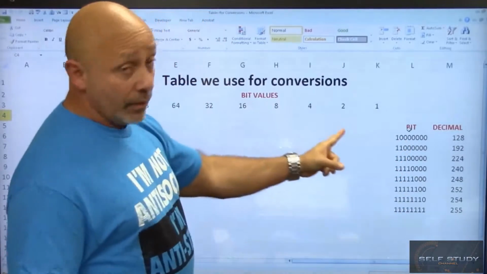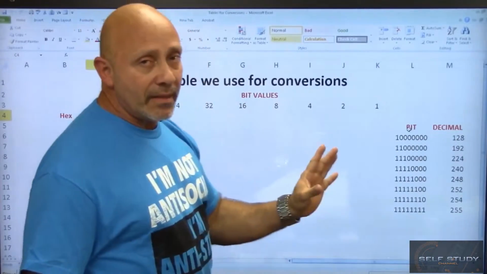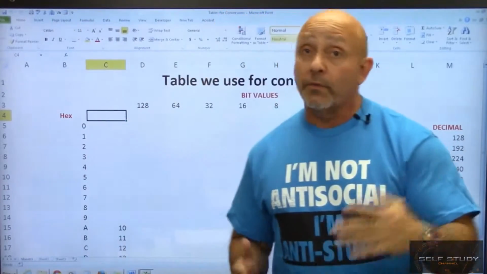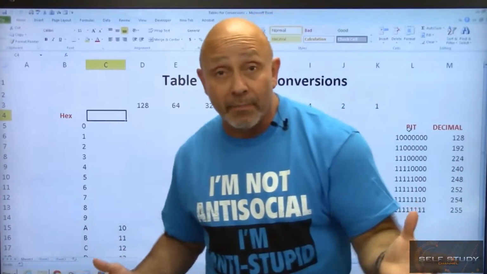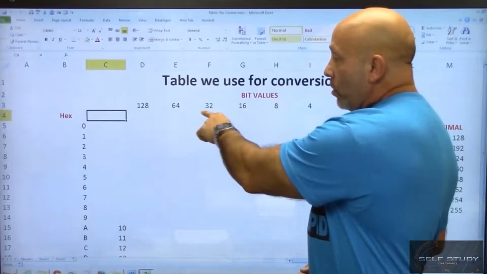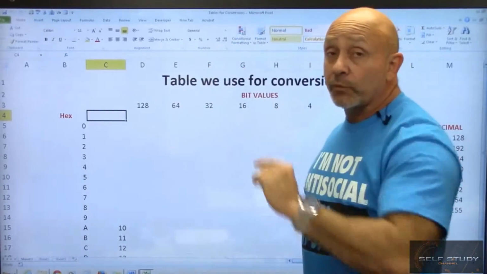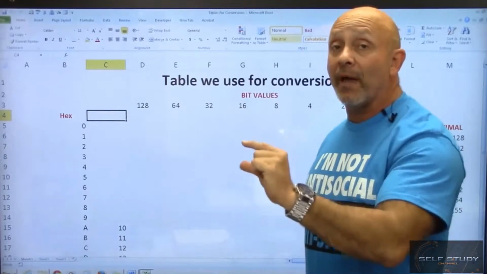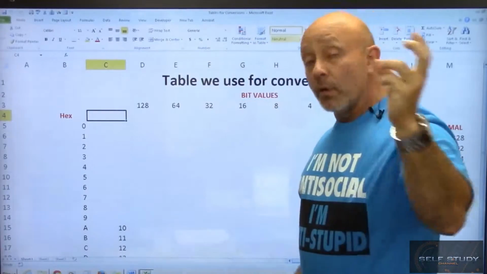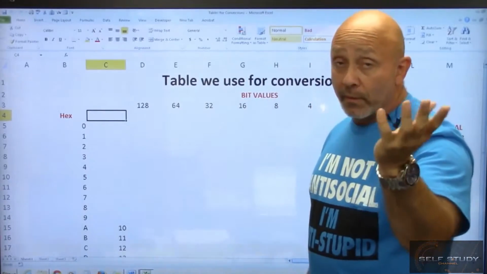These bit values: in an IP version 4 address, you know that there are 4 octets. Each octet is made up of 8 bits. 8 bits creates a byte. So these bit values are what I write on the very top, the bit values of each one of the zeros, or the spaces, whatever you want to call it.